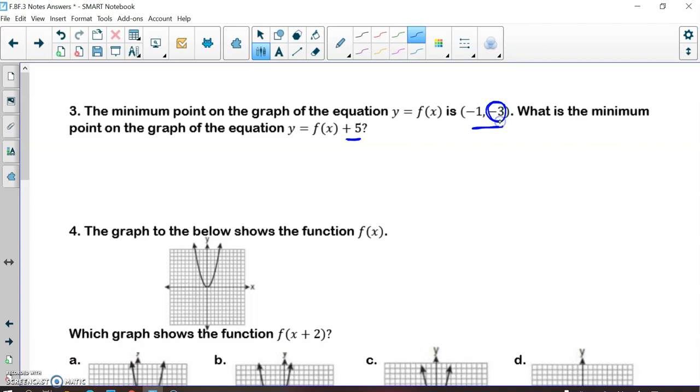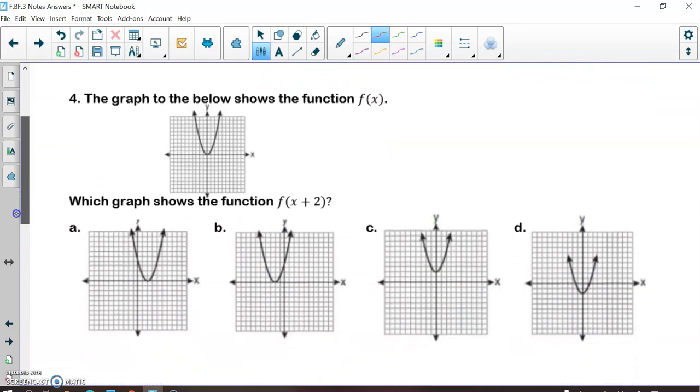So that means that my x value is going to stay at -1, and now I'm going to add 5 to my y value, so I wind up with -1, positive 2 as my new point. And that's all you would do in that situation. Now, if your plus 5 was on the inside of your parentheses, then that would affect your x value. All right, moving on to the next one.